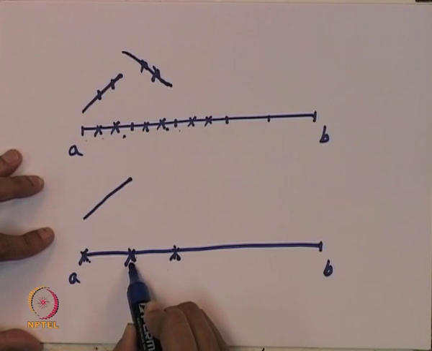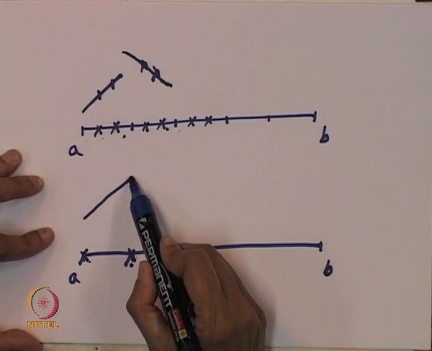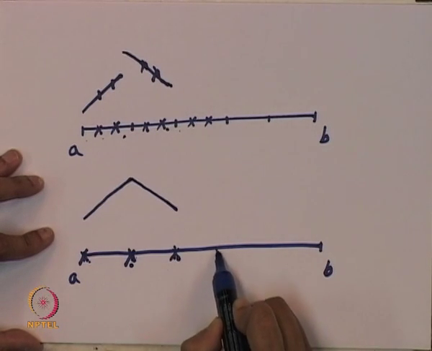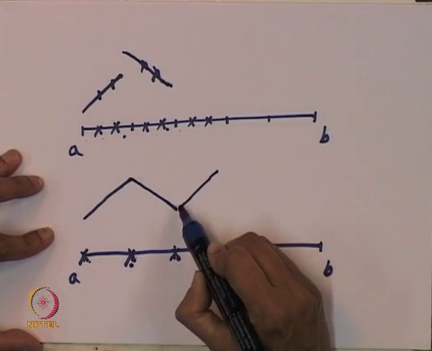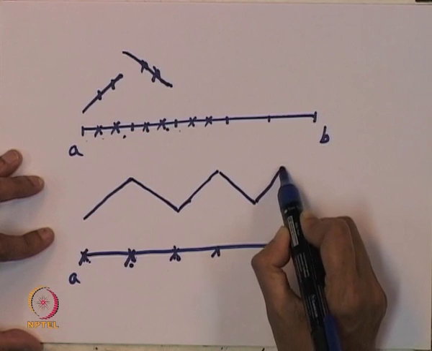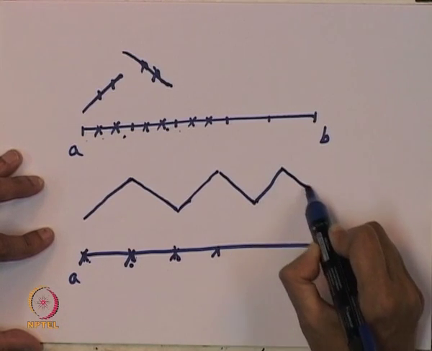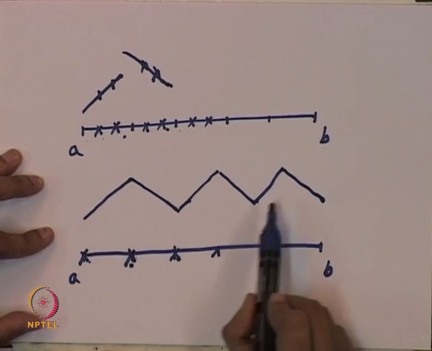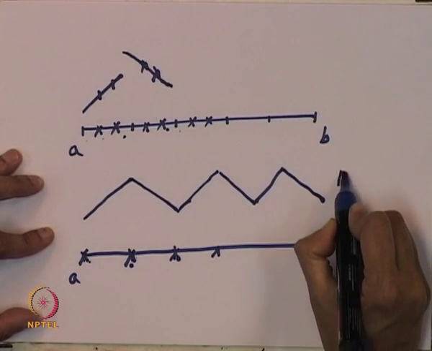So, this interpolation point is common. So, you are going to have a polynomial here, then a polynomial here and so on. So, this will be piecewise linear.